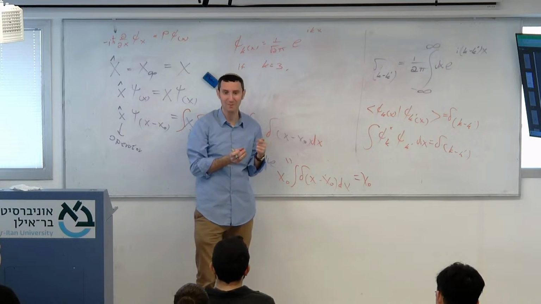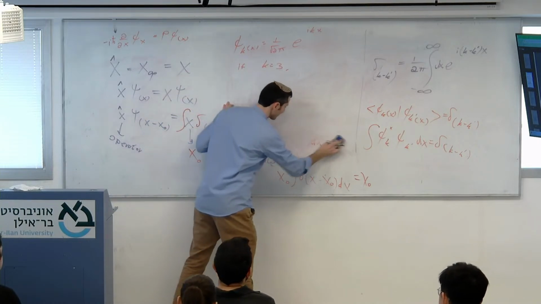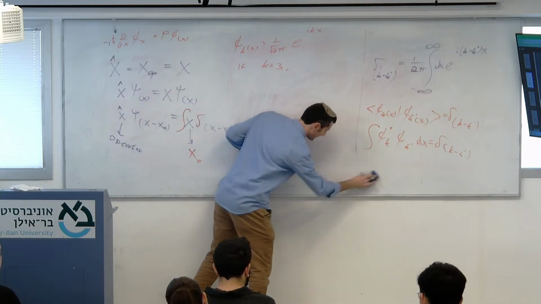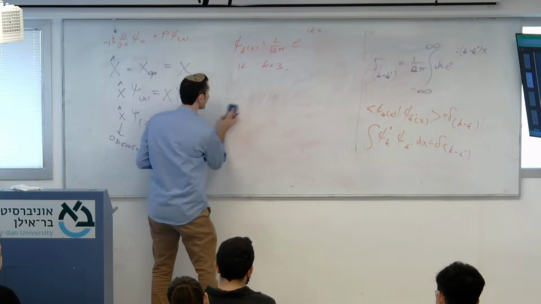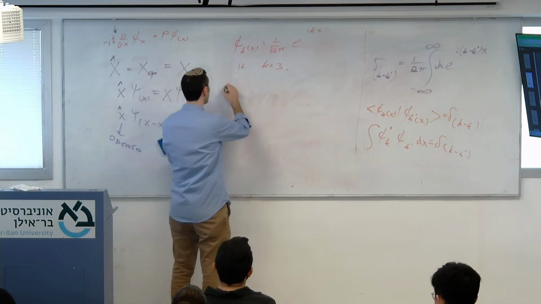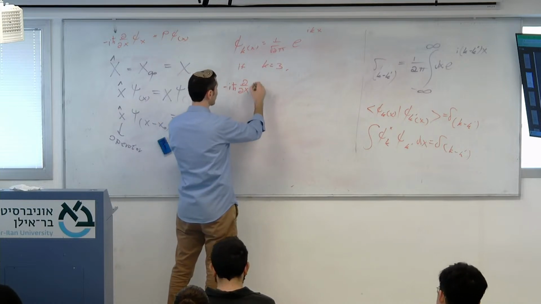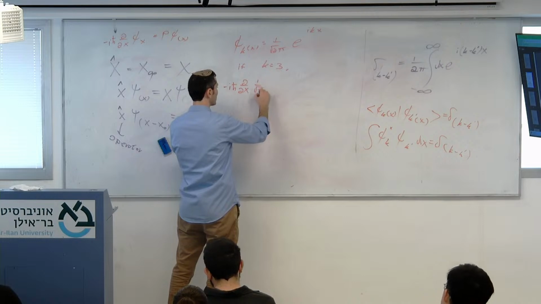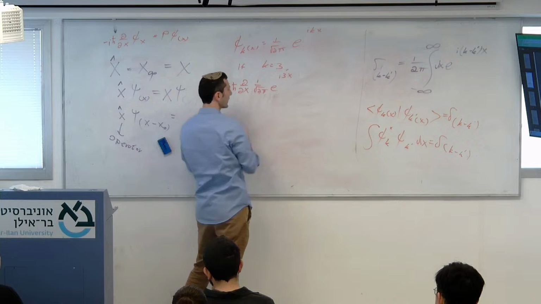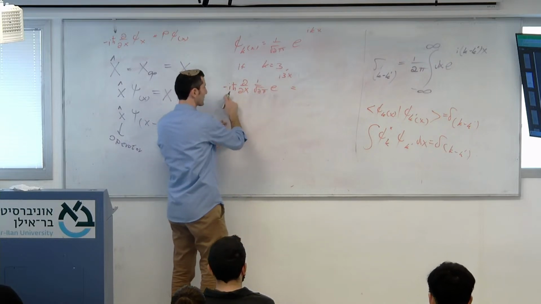Times h bar. Let's see. If k is equal to 3, what is my momentum? Minus i h bar d/dx times 1 over square root of 2 pi e to the i 3x gives me minus i h bar times the i's.